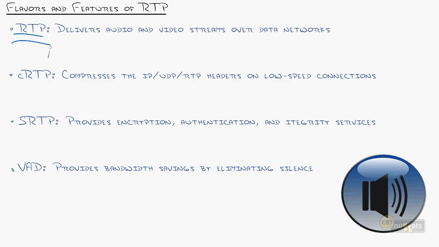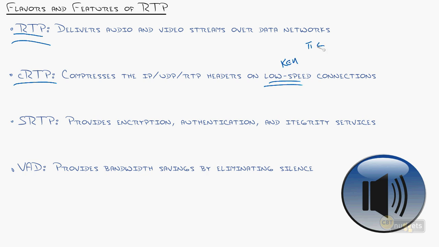There's a flavor known as CRTP, which stands for compressed RTP, but it's not really compression. They just say that because compression describes the essence of what it does, which is make it more efficient on lower speed connections, and this is the key here, think T1 speed or less.